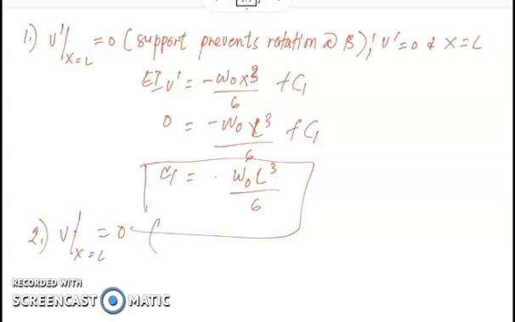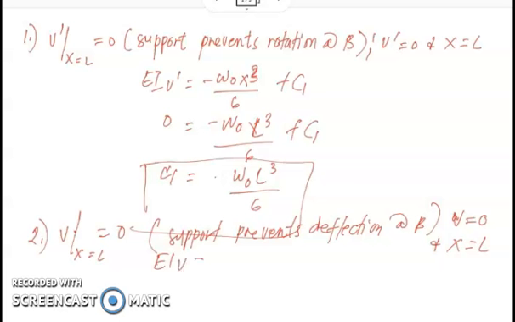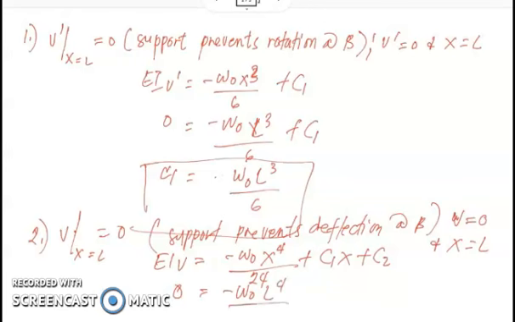This means the support prevents deflection at point B. So from our equation, EI v is equal to negative w sub o x to the fourth all over 24 plus c sub 1 x plus c sub 2, we substitute v, which represents deflection, equal to 0, and x equal to L. This gives negative w sub o L to the fourth all over 24, plus c sub 1, substituting w sub o L cubed all over 6, times L, plus c sub 2.